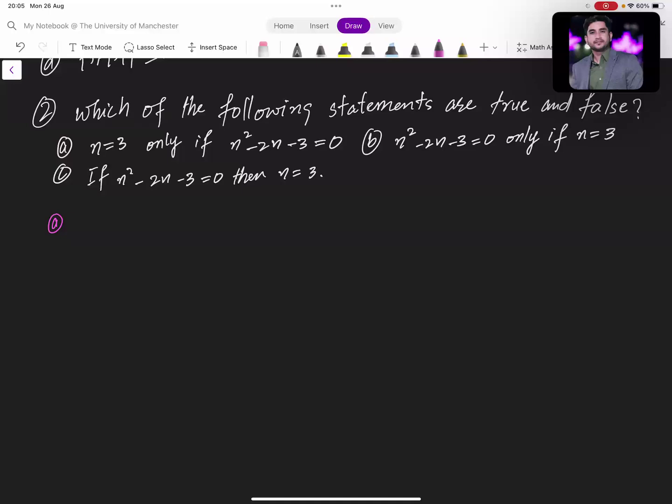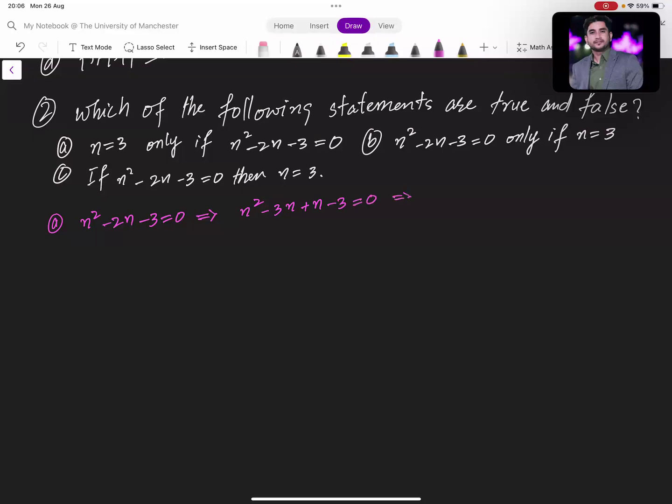So we will get that to solve n square minus 2n minus 3 by the quadratic formula or factorization, then we will get n square minus 3n plus n minus 3 is 0.